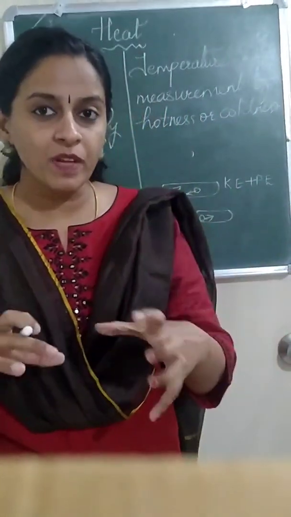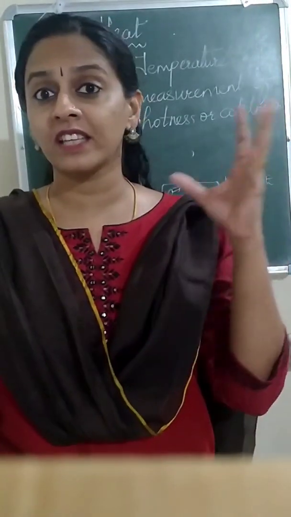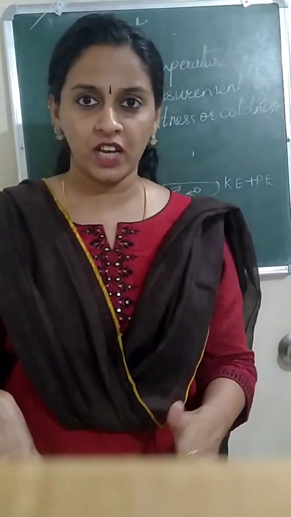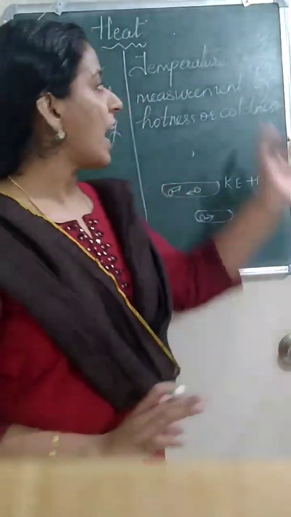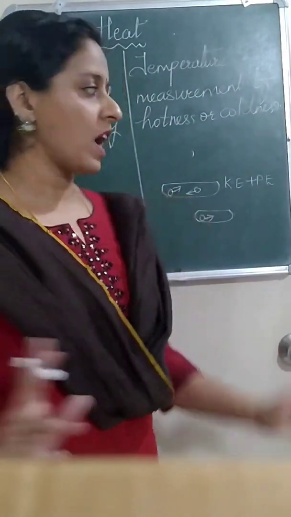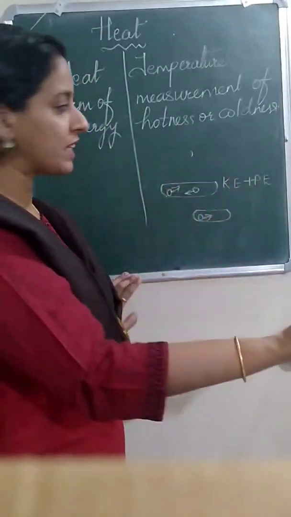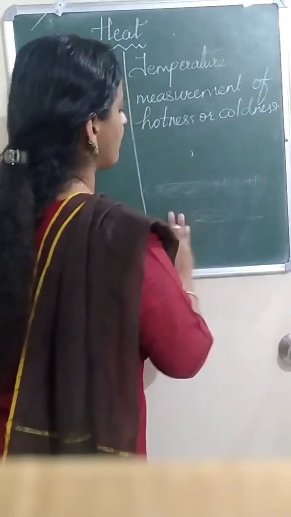How much heat is present in that object, for that you have to consider the kinetic energy and the potential energy present in that object. Whereas how hot or cold an object is, for that we will use temperature. Understood?